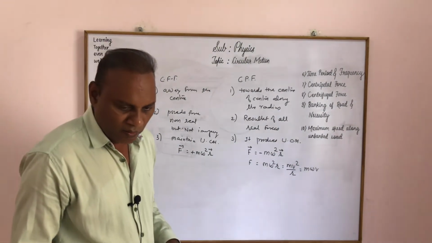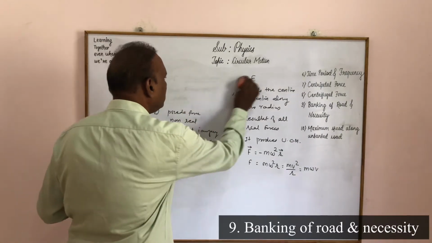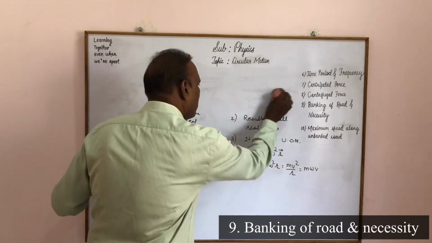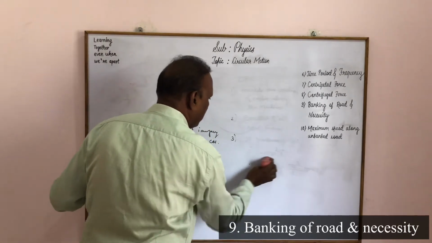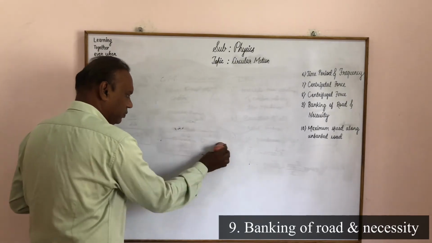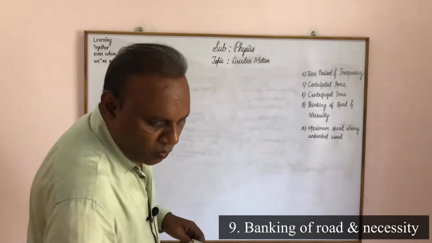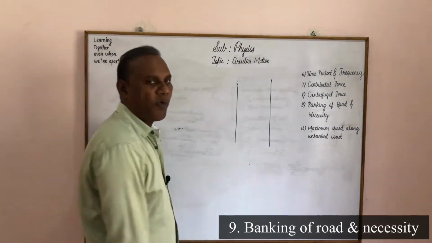Okay, our next topic is banking of a road. There are two types of road. One is a plain road and the other is a banked road. So what does a plain road mean? Suppose this is a plain road.